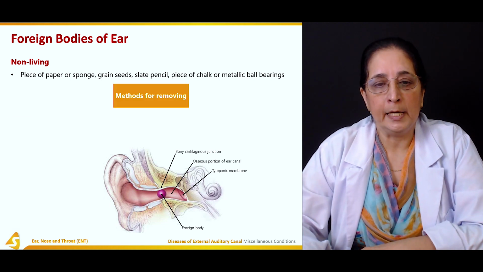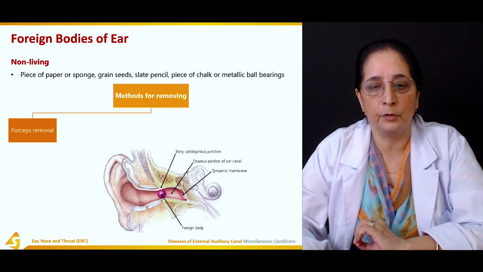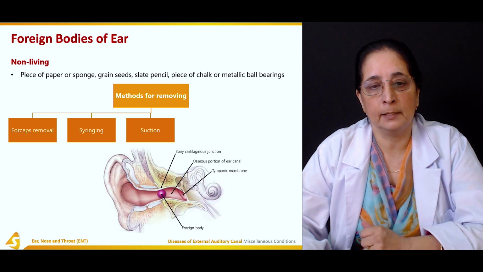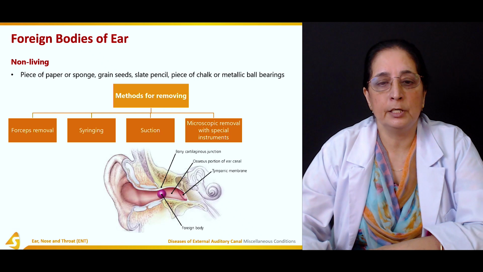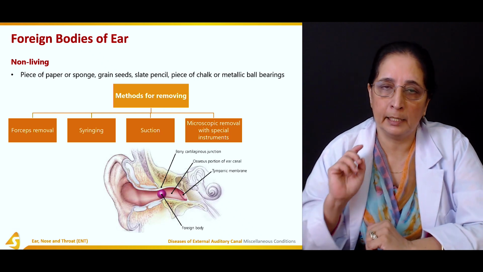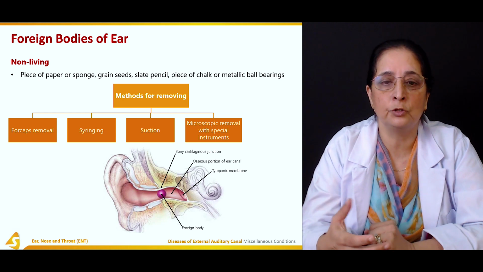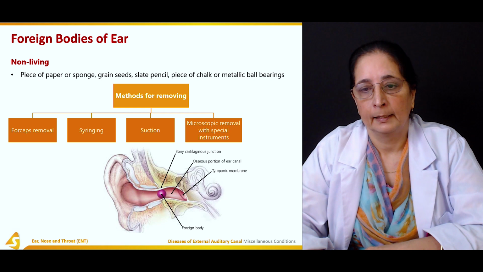Methods for removing can be forceps, syringing, suction, and microscopic removal with special instruments. Syringing, like the ear lavage I mentioned in the previous slide, can also be used to remove the non-living object.